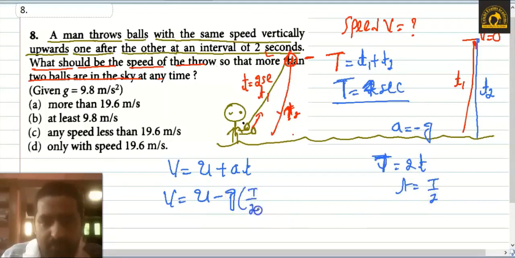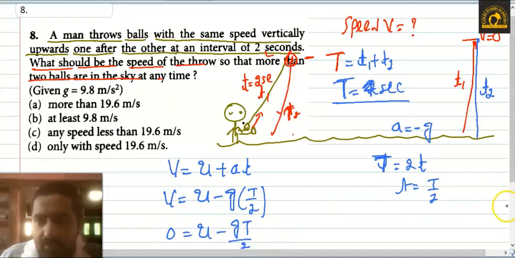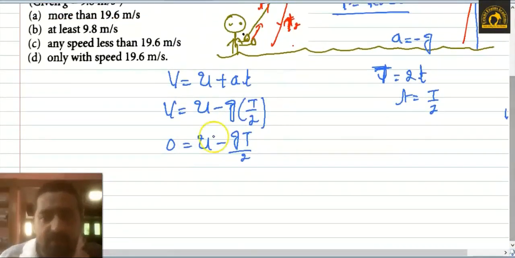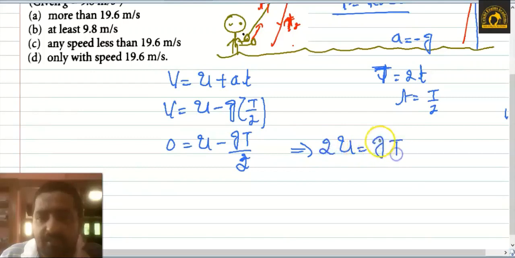Then 0 is equal to u minus gT divided by 2. After simplifying, we get 2u is equal to gT.